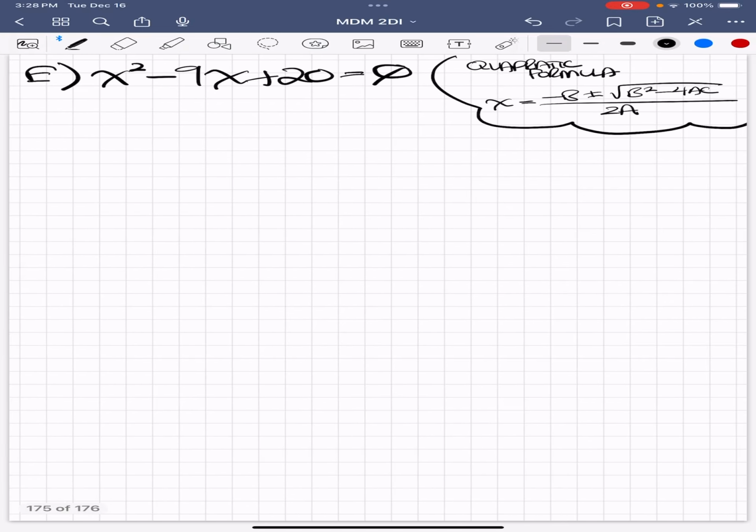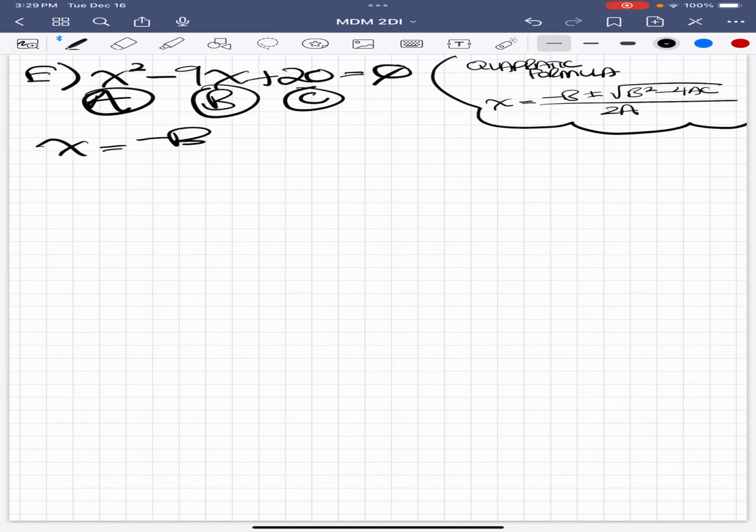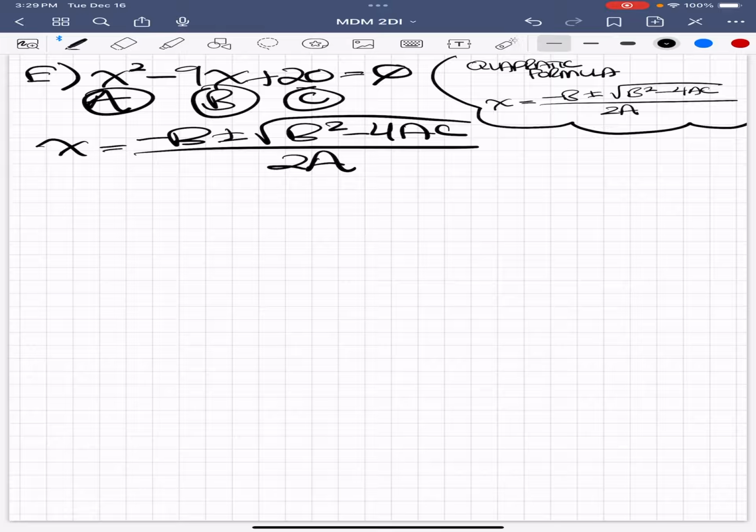Moving on. So we have our values of a, b, and c, and then we're going to do our formula, which is -b plus or minus the square root of b squared minus 4ac over 2a. And then we're going to input our values of a, b, and c into the quadratic formula.